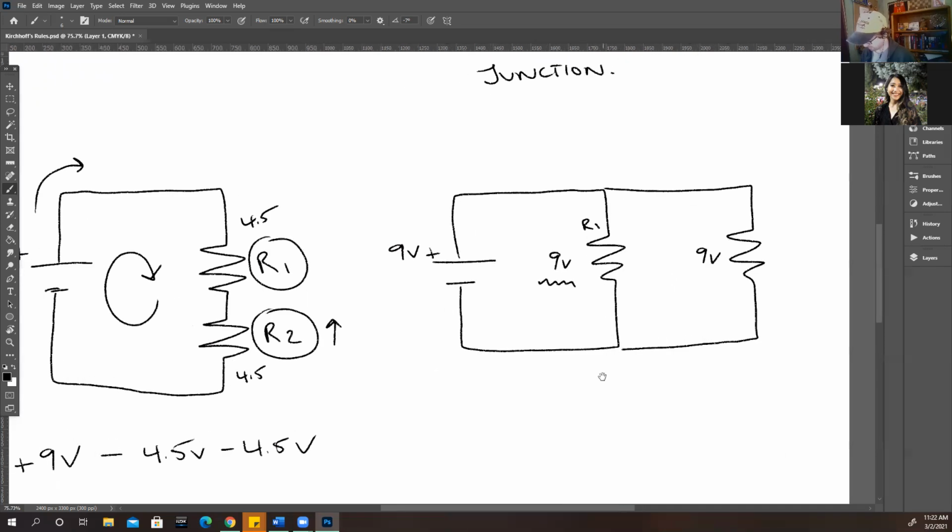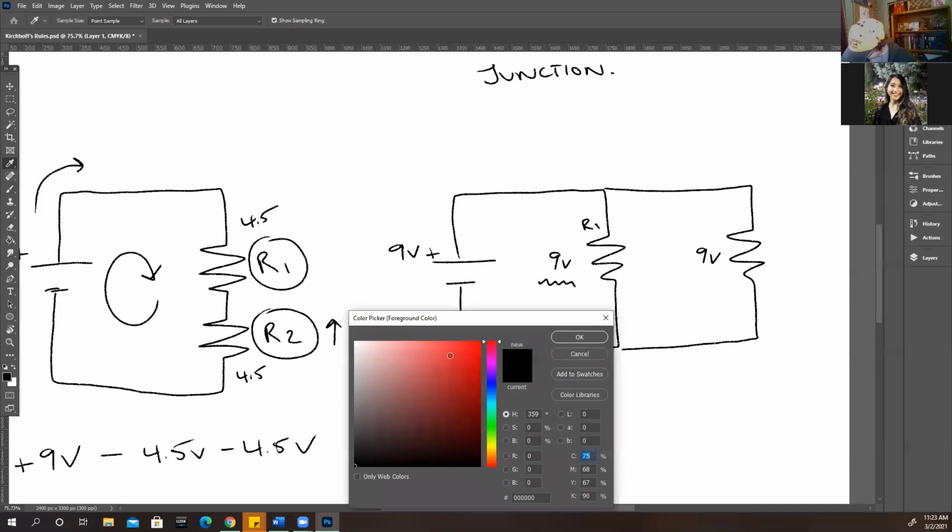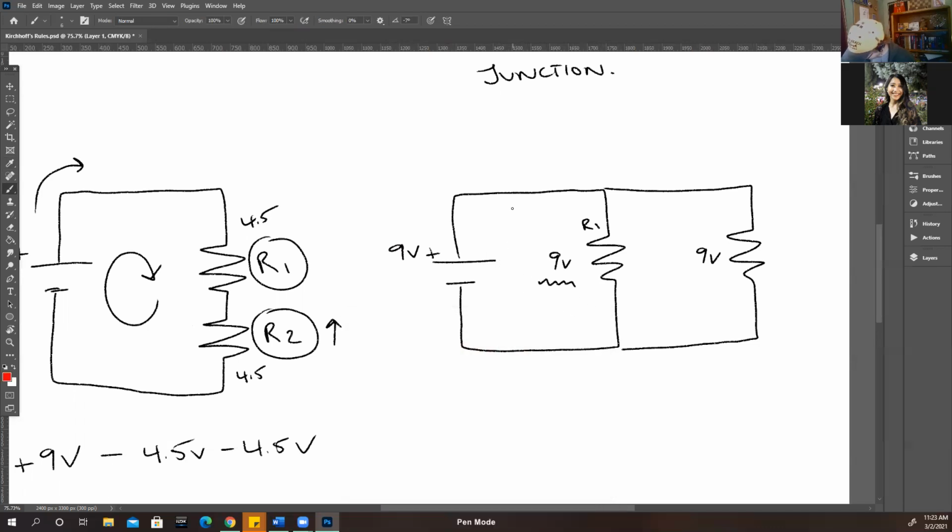Well, you have to remember the circuit is only concerned with whatever is a complete closed loop. So look at this small loop, let me make it another color, make it red. We have this small loop here.